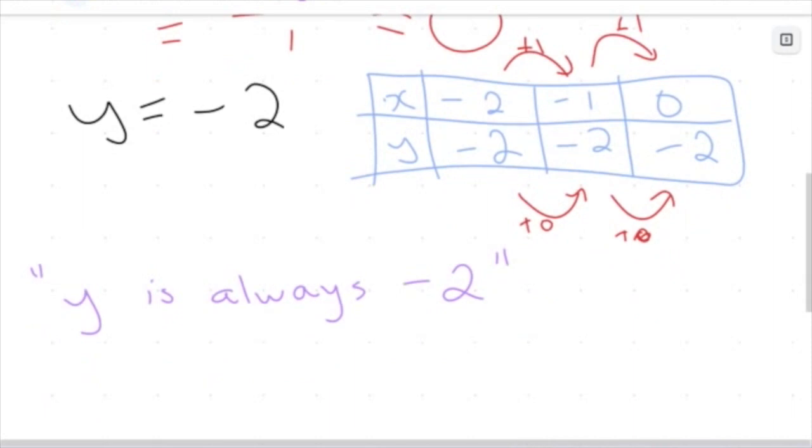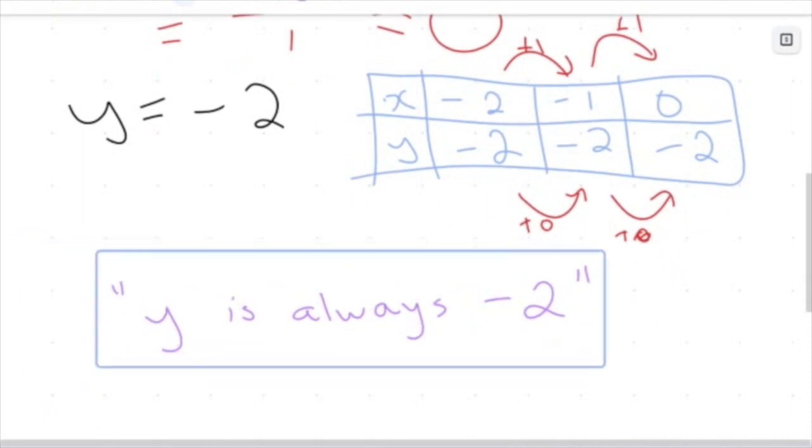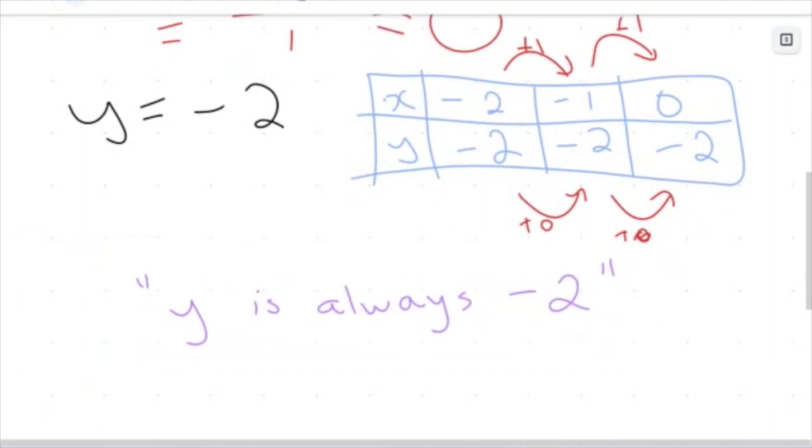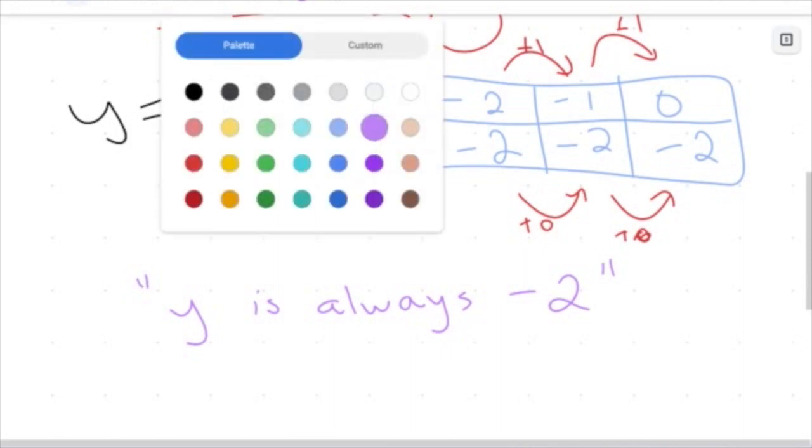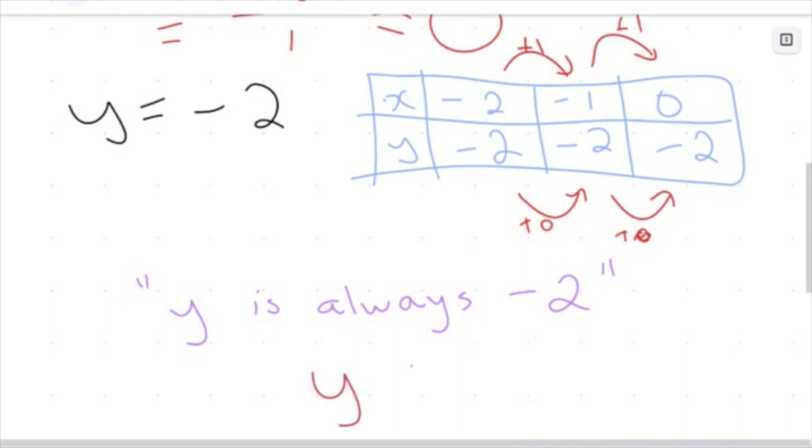And how can we write that? Well, we can write that as y is going to be equal to -2, which is the main takeaway from this particular exercise. Y equals -2, and that is the same thing we got here for our gradient idea.